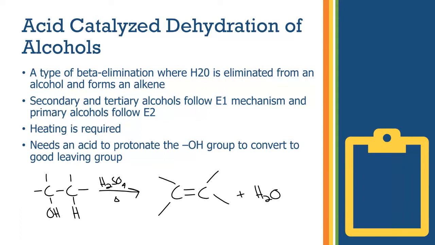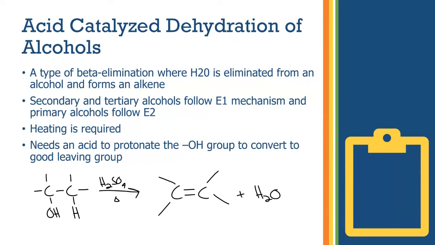Heating is still required for all of them, and for dehydration of alcohols, you need an acid to protonate this OH group to convert it to a good leaving group, because you need a good leaving group to have an elimination reaction.